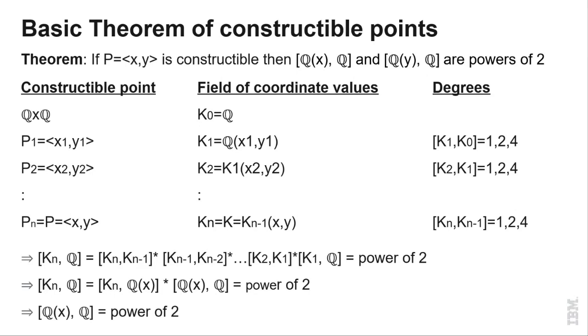So at every step you take the previous field extension and add 3 values to it. Again, you get solutions to degree 1, 2, or 4 equations. So you're right, I kind of tricked you, but it's basically the same proof.